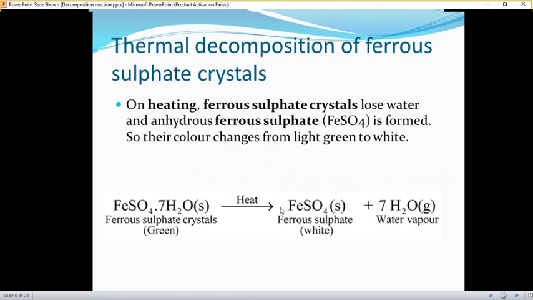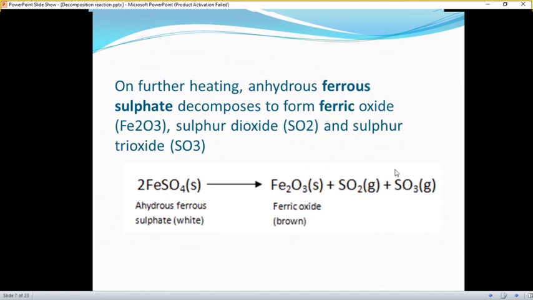In this stage only the water of crystallization, these 7 molecules of water, is lost. But in the next step, we see ferrous sulphate which has turned white is now turning further into brown, that is, ferrous sulphate has changed into ferric oxide with evolution of two gases, sulfur dioxide and sulfur trioxide.